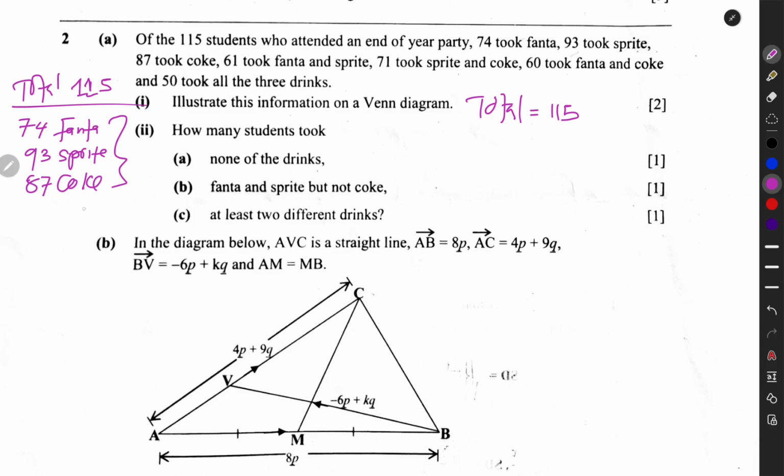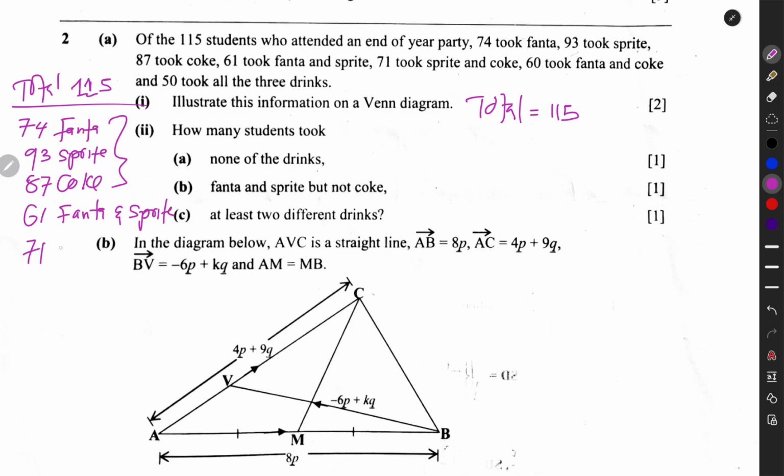So 61 took Fanta and Sprite. Then 71 took Sprite and Coke.